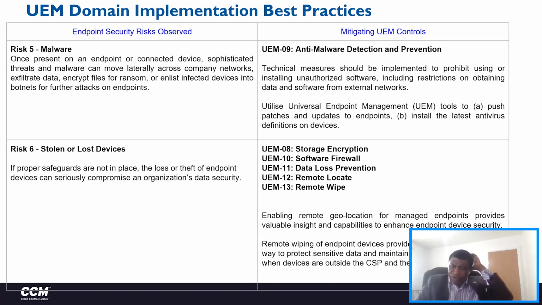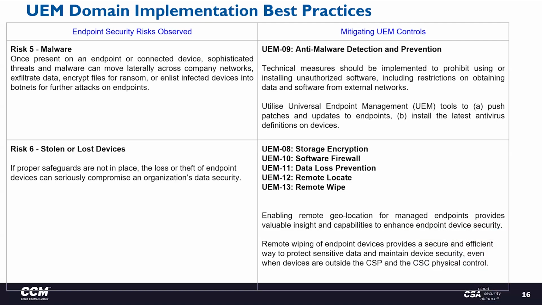Now, we've got a couple of controls there, about 5 in total, from storage encryption, your software firewall, your data loss prevention tool or technology, being able to know where your endpoint is connecting to your network from, what location, what country, and crucially, being able to remote wipe any endpoint that is either lost or stolen. If you implement these controls, you'll be able to actually mitigate the effect of lost or stolen devices.